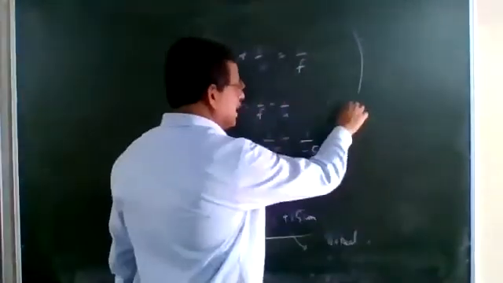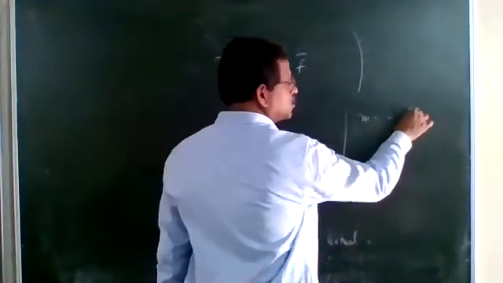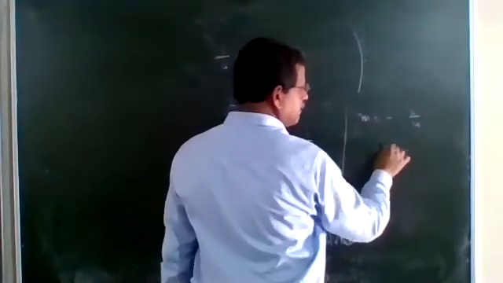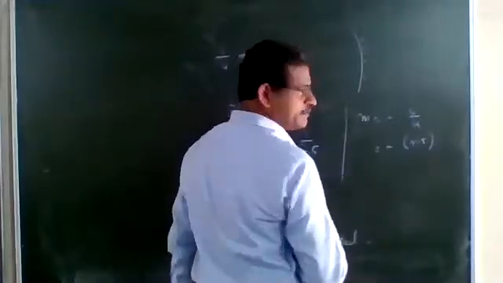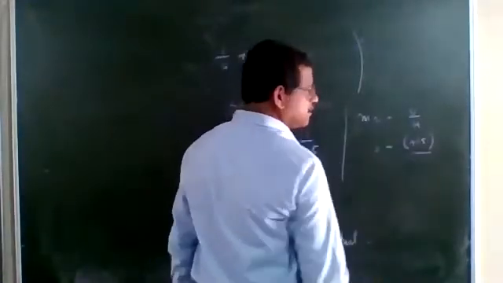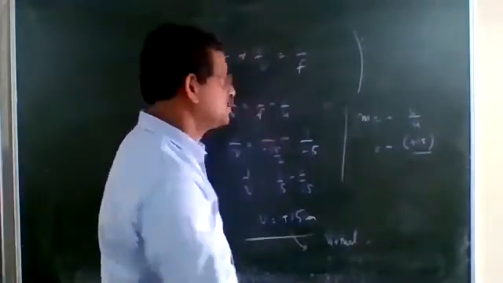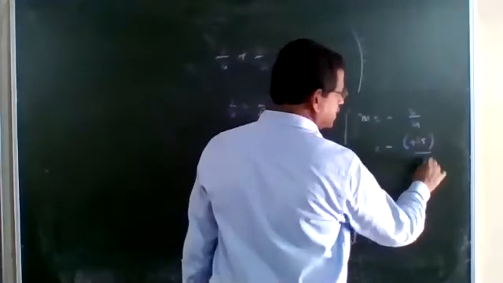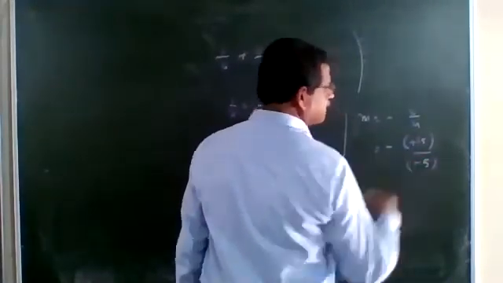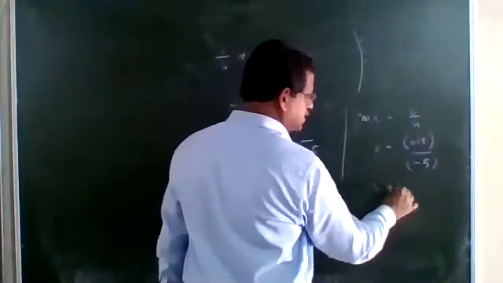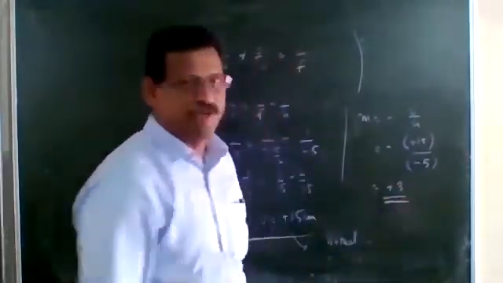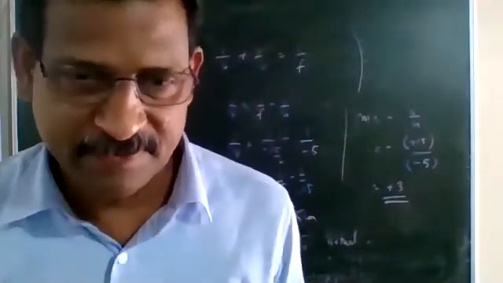Now we see the magnification. M equal to minus v by u. Here v is positive, plus 15, divided by the size of the object distance, which is minus 5. So this will be equal to minus, minus becomes plus, it is plus 3. What does plus 3 stand for here?